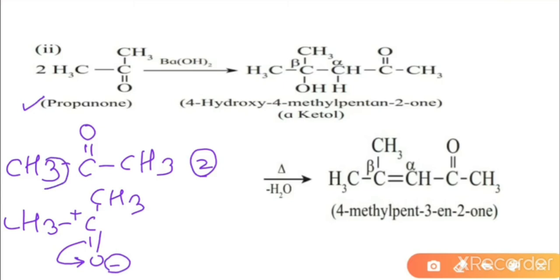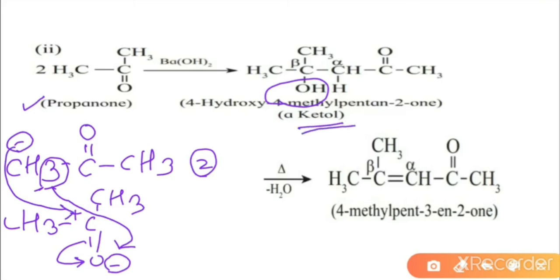And one proton is migrated towards this oxygen and forms a hydroxyl group. Due to removal of this hydrogen, it becomes a negative ion or carbanion which attacks the carbon. So ketol is obtained.